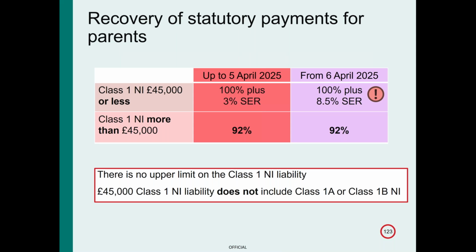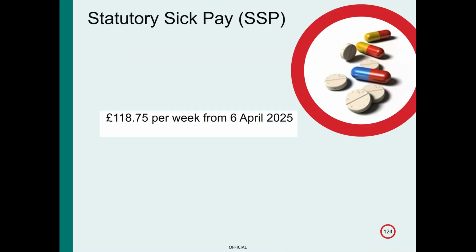Finally, in this section, we'll look at statutory sick pay, or SSP for short. The rate for statutory sick pay increases to £118.75 per week. This rate applies to days of sickness from the 6th of April 2025. You cannot recover any of the SSP you pay to employees.